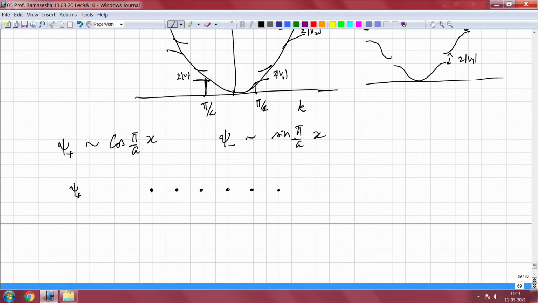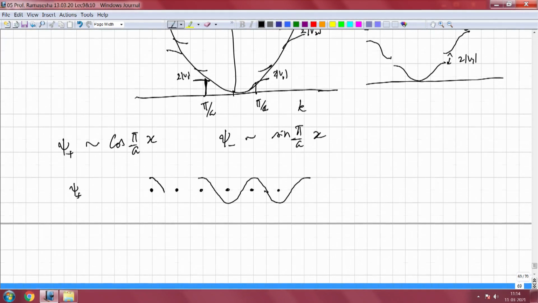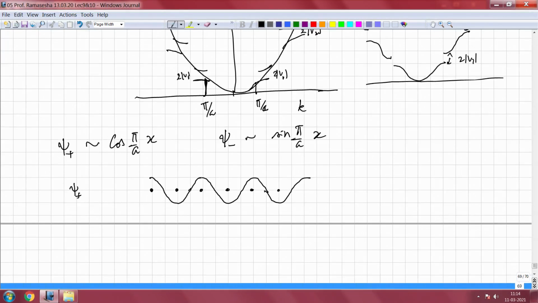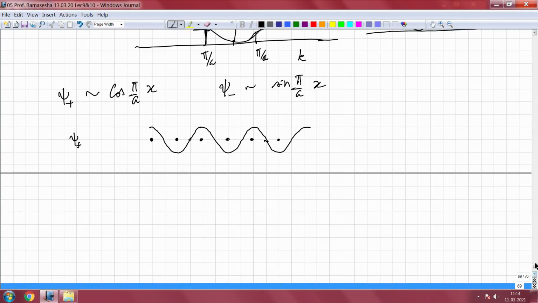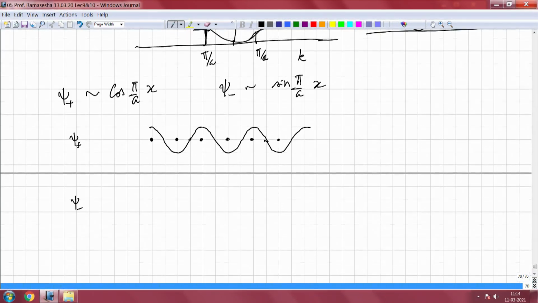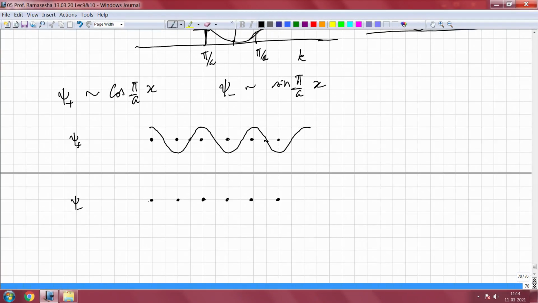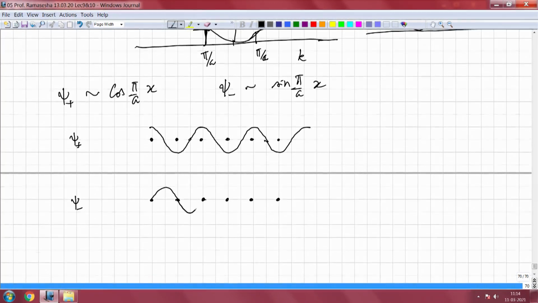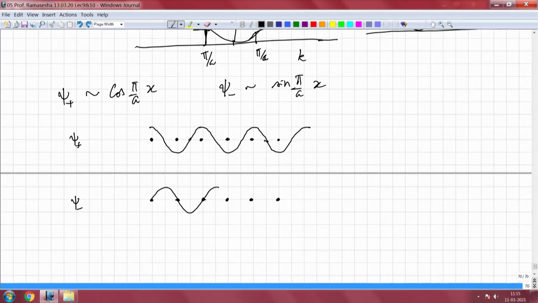So, it will go like this, correct. And how does psi minus go? Psi minus goes this way. So, you will see the lattice sites are here, which are shown by dots. So, these are the lattice sites.